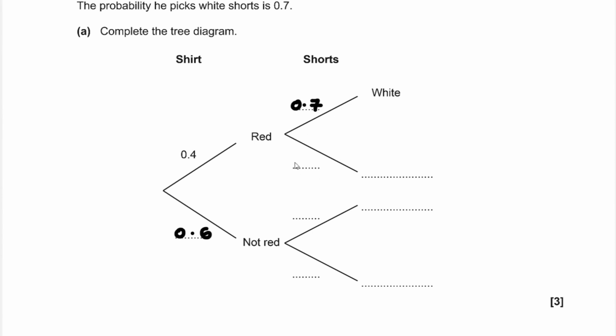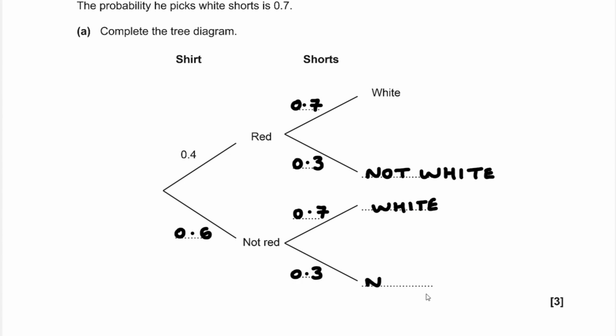The probability that he does not pick white shorts, so this is not white, that's equal to 0.3. So we've got 0.7 for white, and then we've got 0.3 for not white.